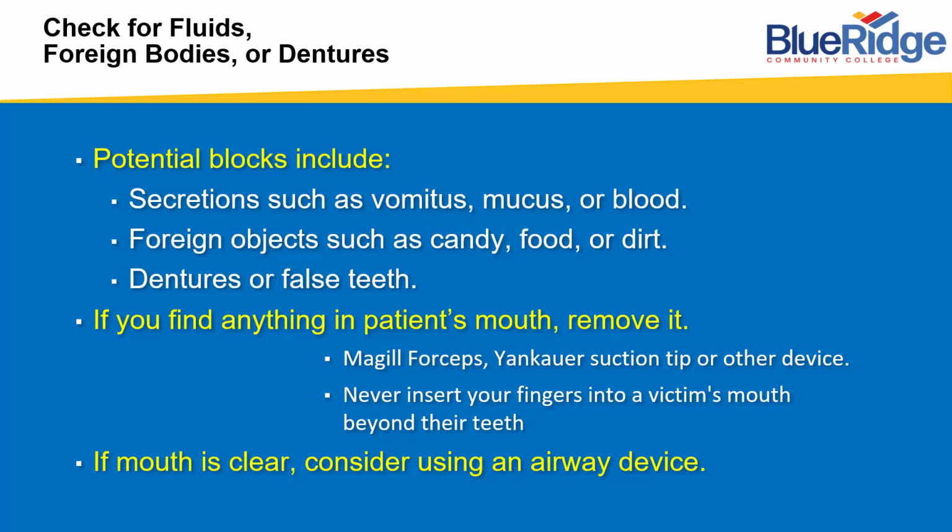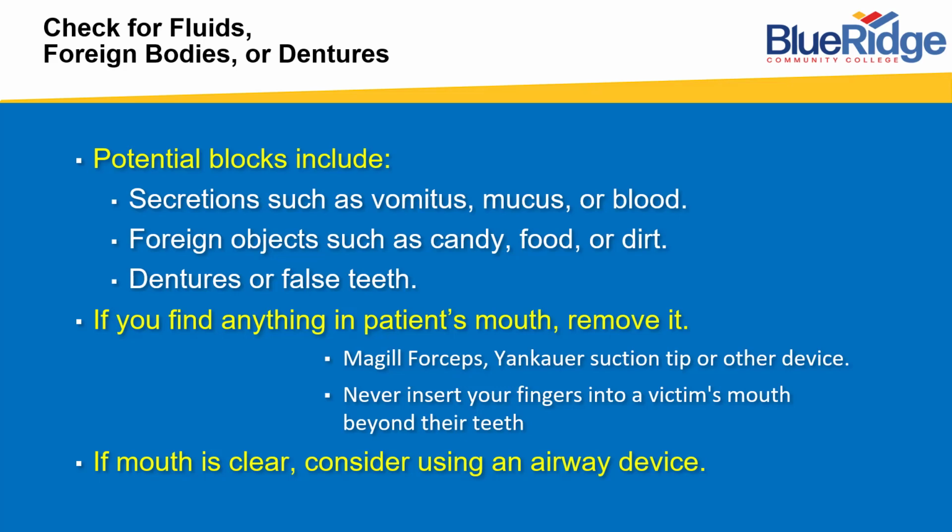After you have opened the patient's airway, look inside their mouth to see if there's anything blocking it. Potential blockages can include secretions, vomitus, blood, foreign objects such as candy, food, or dirt, dentures and false teeth, and sometimes medication patches. If you find anything in the patient's mouth, remove it using a tool and not your fingers.